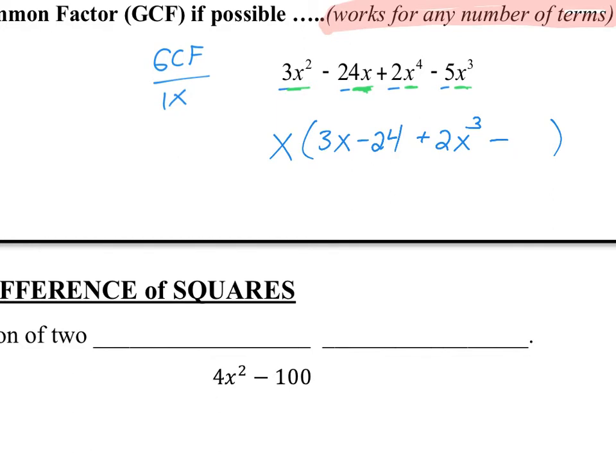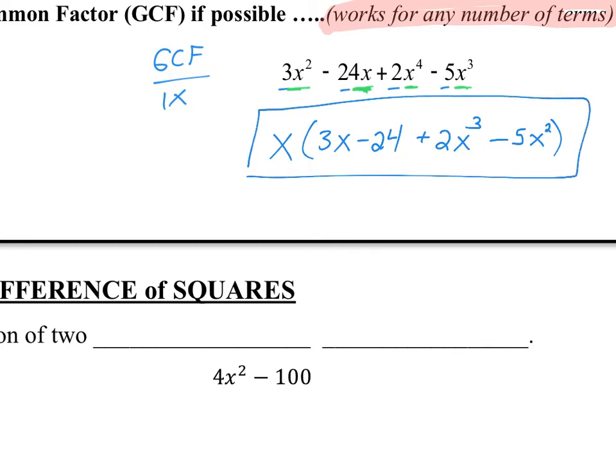And 5x to the third, if you take away 1x, what do you get? 5x squared. Okay, and that's the most we can take away from each of them. Because notice there's no more x's to take away from our second term, so we can't take away another x. That's all we can do. Okay. And that's how the GCF works. You just take away the biggest thing you can from every term.